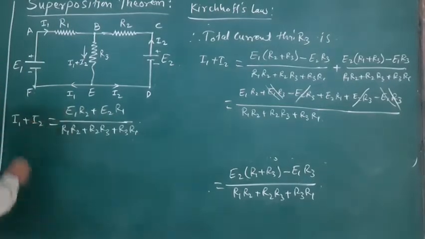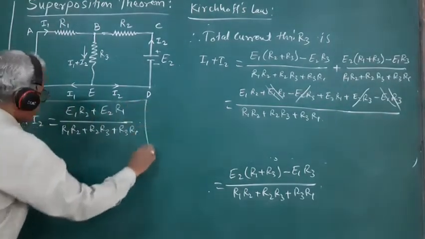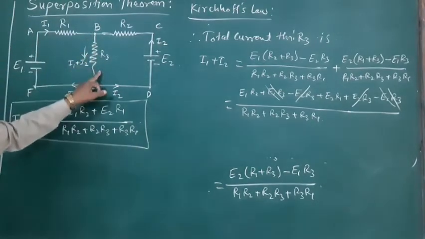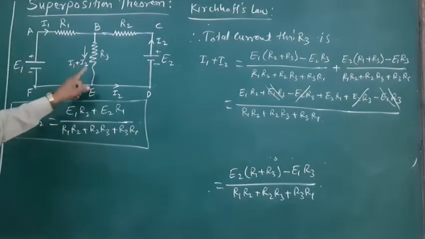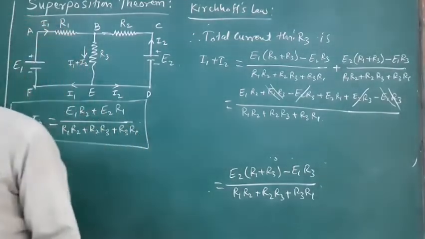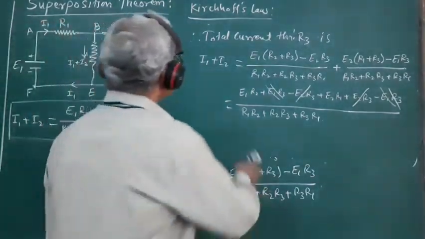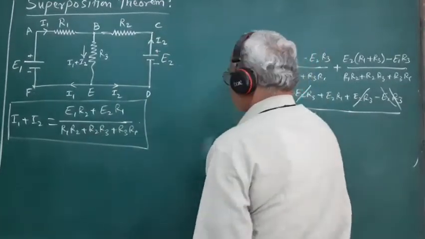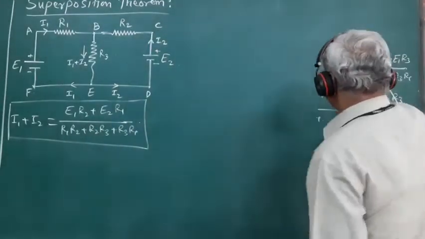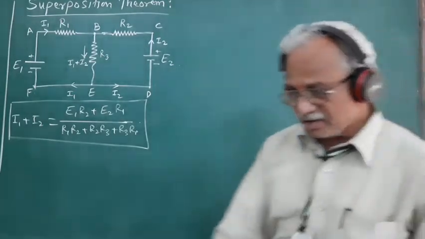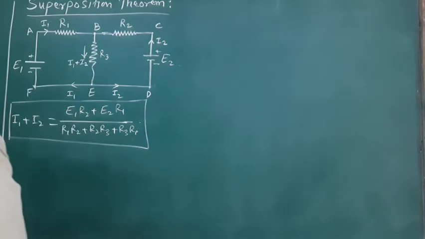This is in accordance with Kirchhoff. This is the total current flowing through this resistance R3 in accordance with Kirchhoff. Now we want to apply the superposition theorem to find out the current through R3, as compared with Kirchhoff's law.